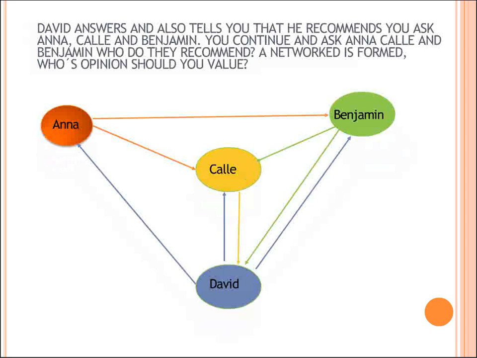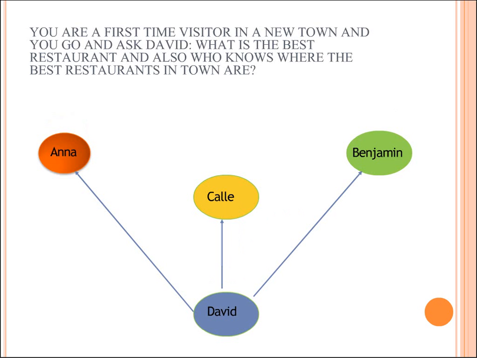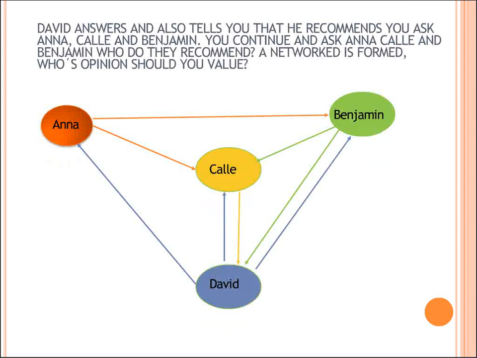And from this, you then start following the links. So David, as in the earlier slide, would go and ask Anna, Kalle, and Benjamin, and then of course you would go to Anna, Kalle, and Benjamin and ask, who would they ask?